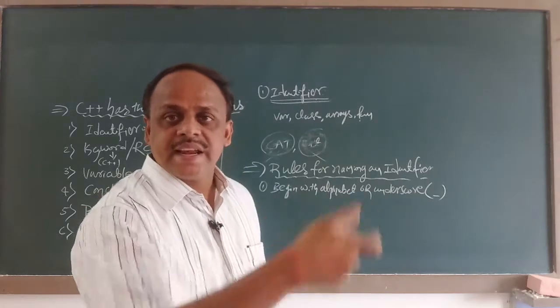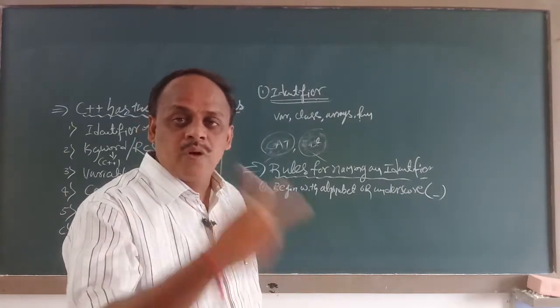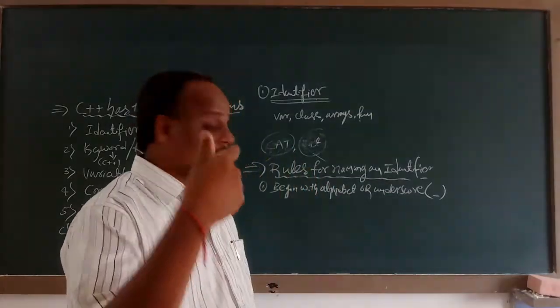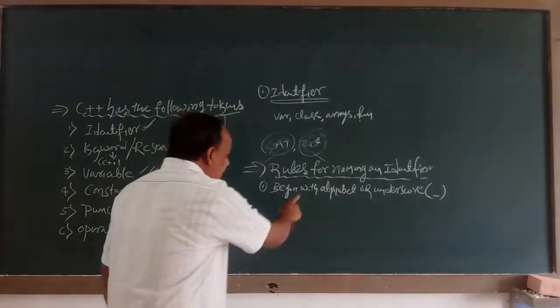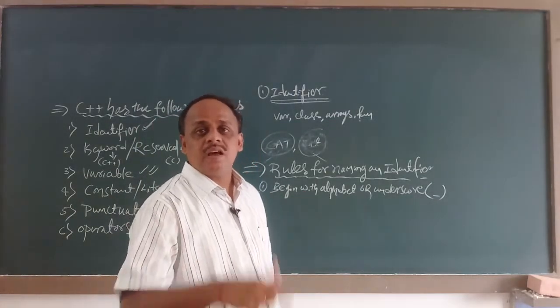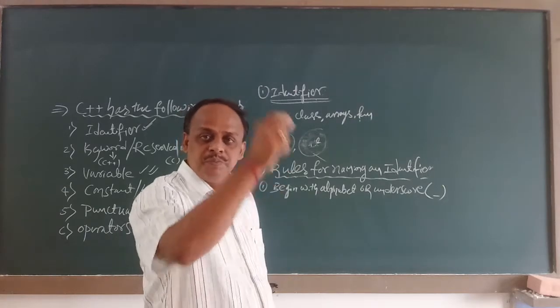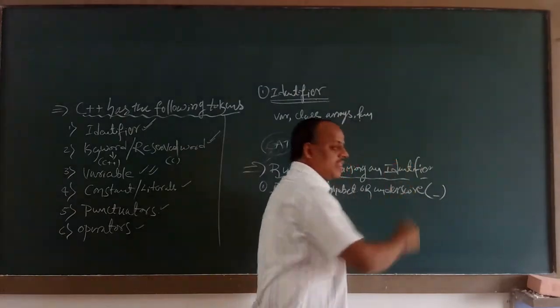Suppose we have to declare an identifier, a variable name or class name or array name or function name, that should begin with an alphabet. Alphabet means that may be an uppercase letter or lowercase letter, or it should begin with an underscore.